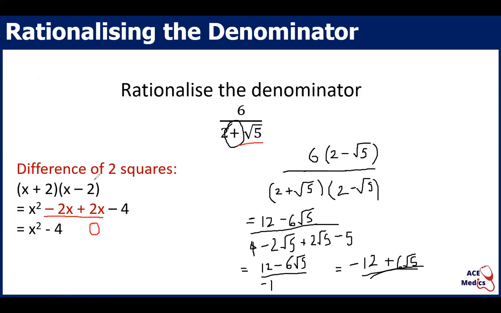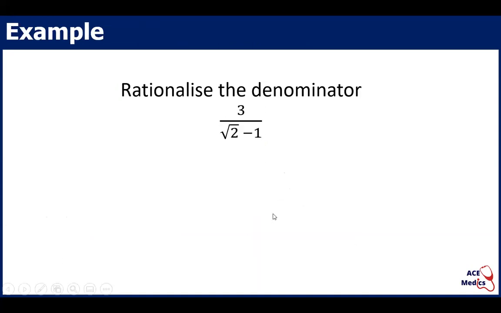And we'll look at more of difference of 2 squares, but essentially we need to multiply that third by the opposite sign. Okay, so have a go then at this question. So what are we going to need to multiply that bottom by to get our answer?